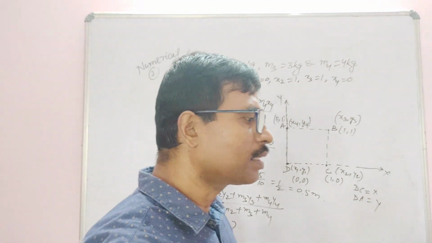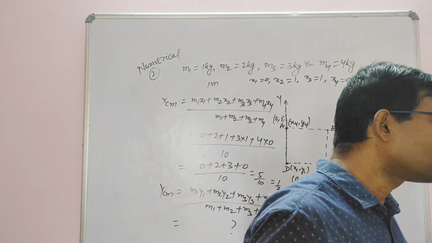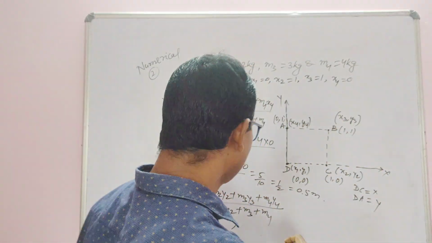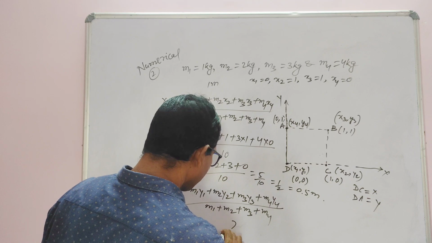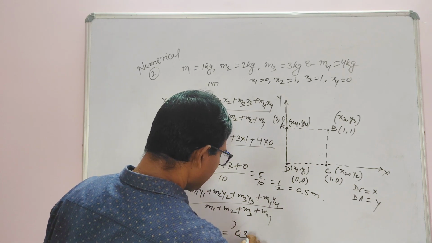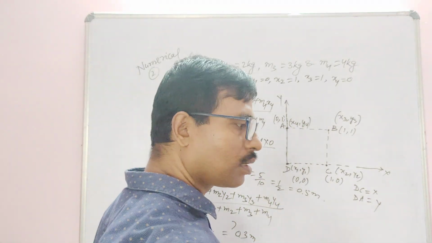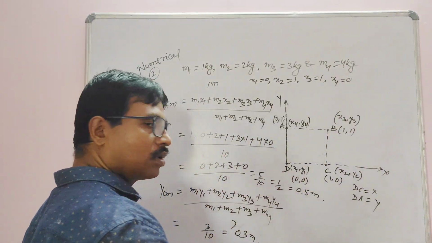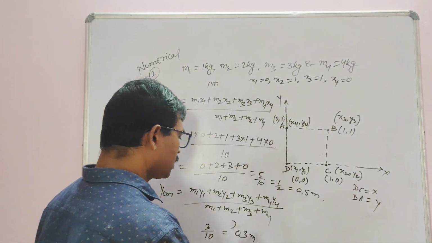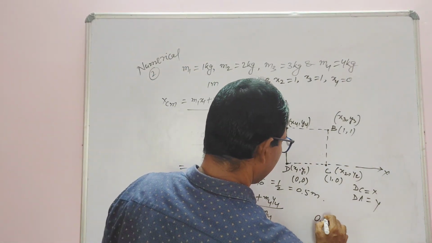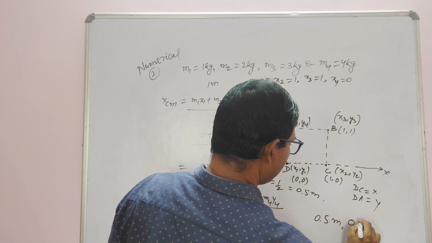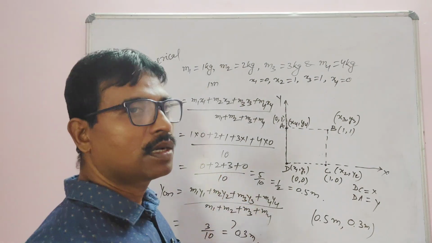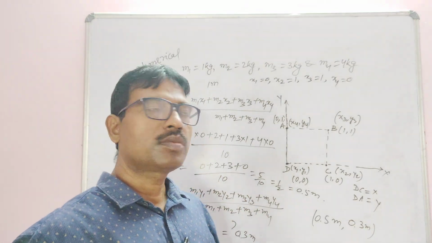As per the coordinates you are taking, you will get 3 by 10, that is 0.3 meter. So the coordinates of the center of mass of the system are 0.5 meter, 0.3 meter. Clear? So in this way you have to calculate the center of mass of the system using that formula.